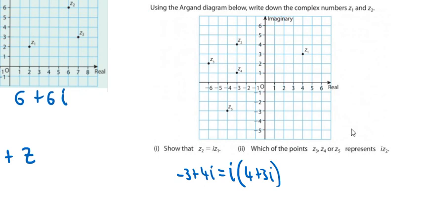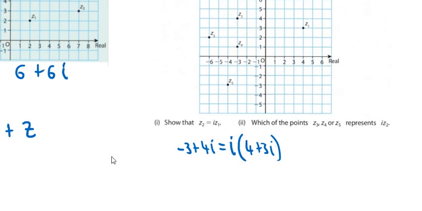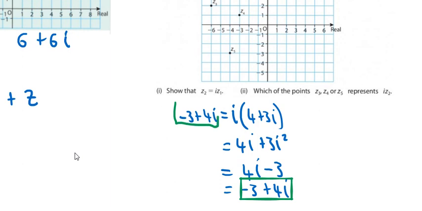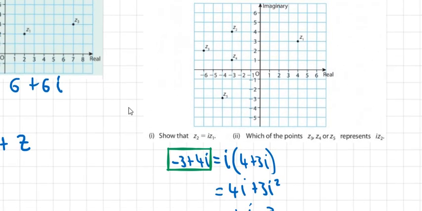If I multiply out the brackets, I get 4i plus 3i squared, and because i squared is minus 1, we get 4i minus 3, which is the same thing as minus 3 plus 4i. We get the same thing on both sides of the equal sign. So I've shown that z2 equals i times z1, so it's rotated it anti-clockwise by 90 degrees.